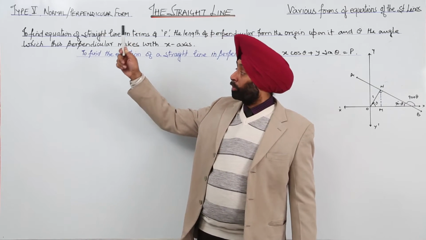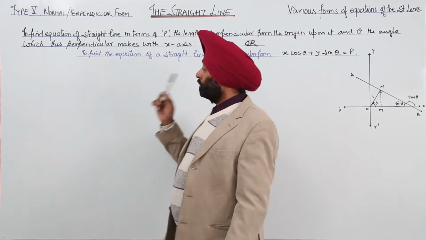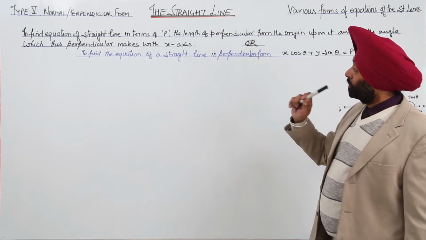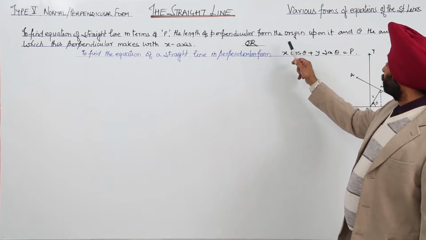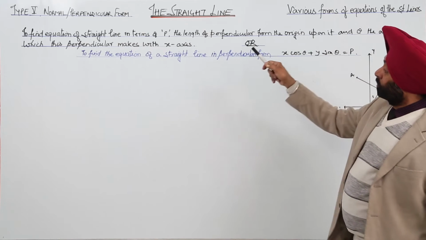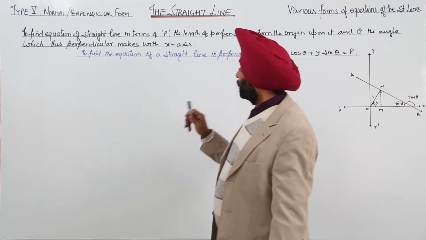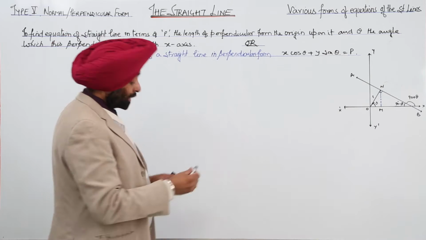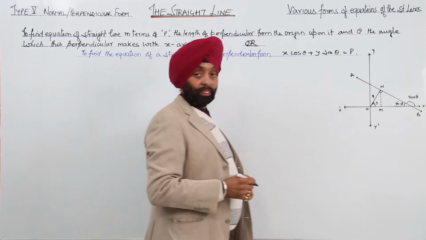Now type 5, the normal or perpendicular form, one and the same thing. The statement says: find the equation of a straight line in terms of P, the length of the perpendicular from the origin upon it, and theta, the angle which this perpendicular makes with the x axis.